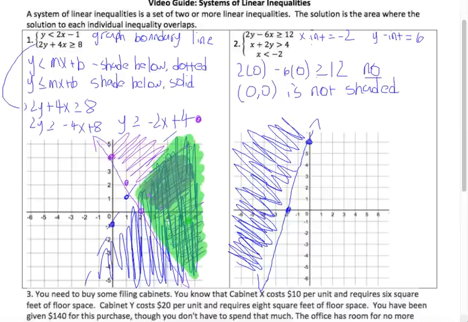So now let's graph the second one. We get, again, if we use our intercepts method, that makes our y-intercept going to be 2. And our x-intercept is going to be, if I cover up y, I can see that x would equal 4.